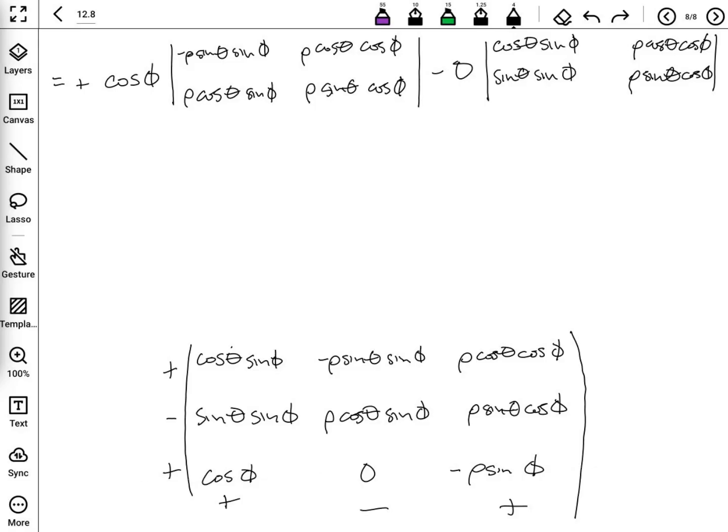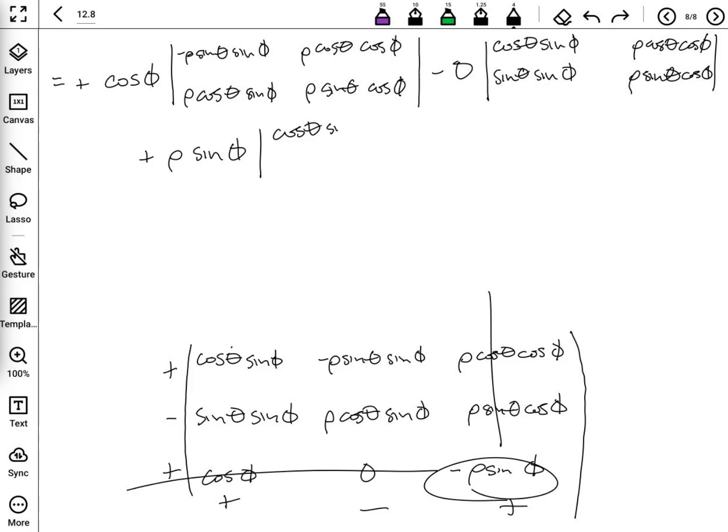Okay, and then my last entry is going to be this row sine phi. So I ignore everything that's in the same row or column, and I add that one. And then I do the entries that are left over.